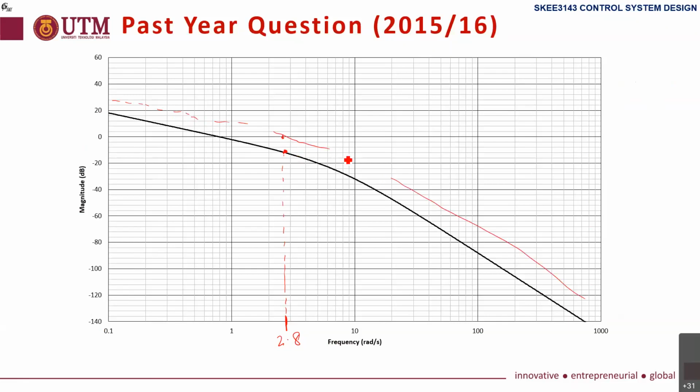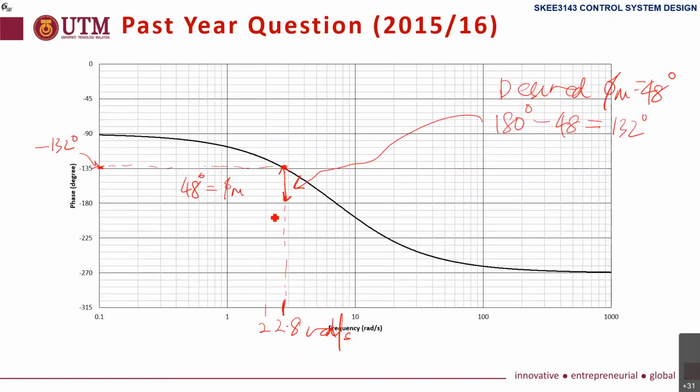They are parallel, the same. We want to increase the magnitude by this value, so that at 2.8 radian per second, the magnitude is 0. If we can make this, then we can get phase margin 48 degrees, then we can get overshoot 20%.